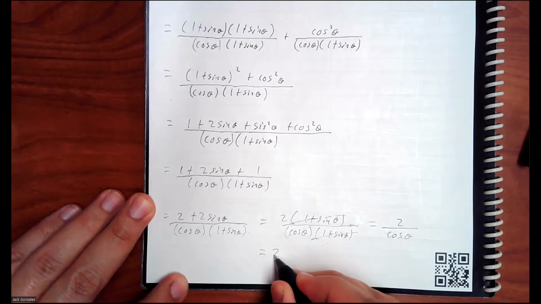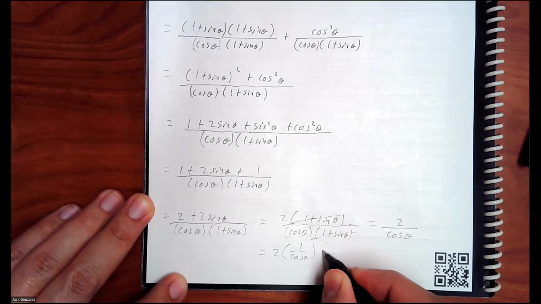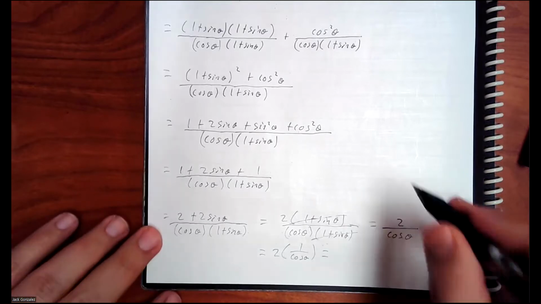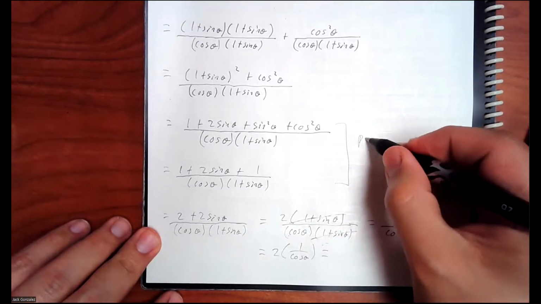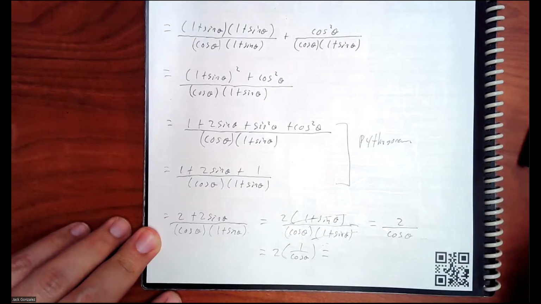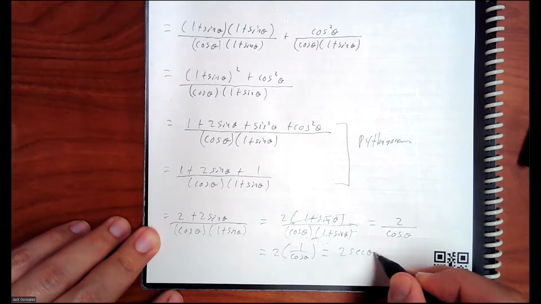Final step here. This is 2 times 1 over cosine, right? What is 1 over cosine? Yeah, secant. This is what we wanted to show.